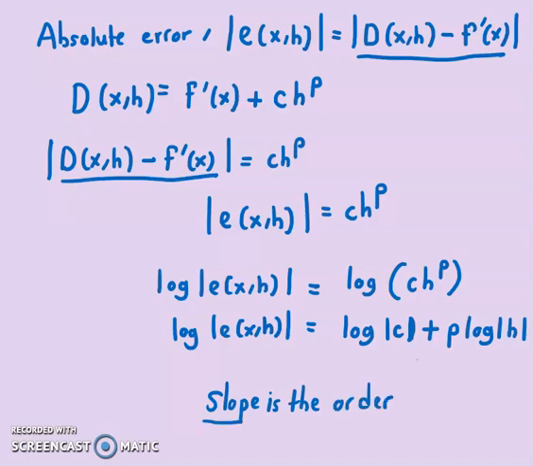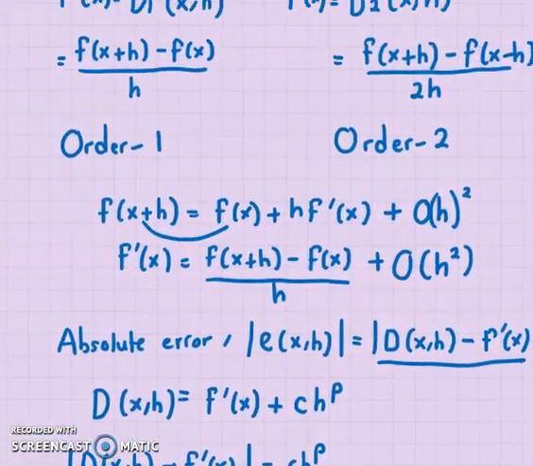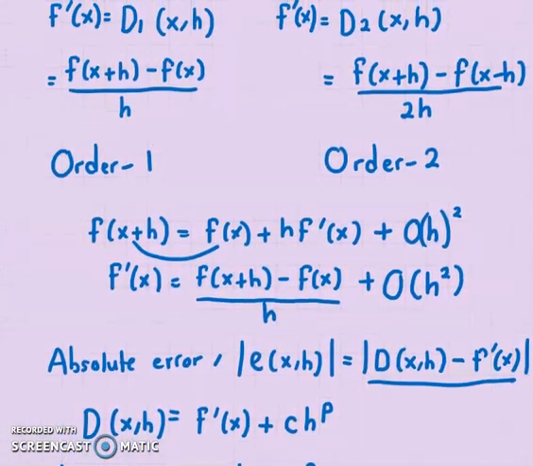So by doing this, we can observe that the log-log plot of error versus log h gives you the order of this D, and so we can get D1 is order 1, D2 is order 2.